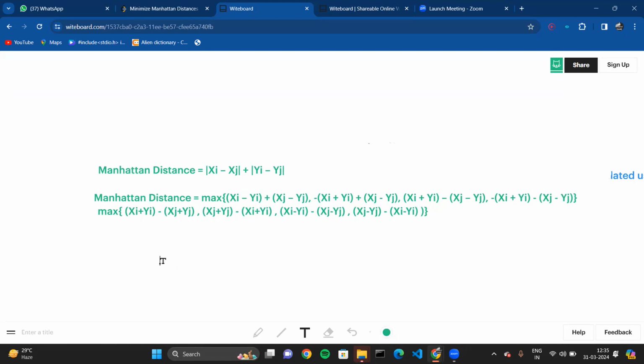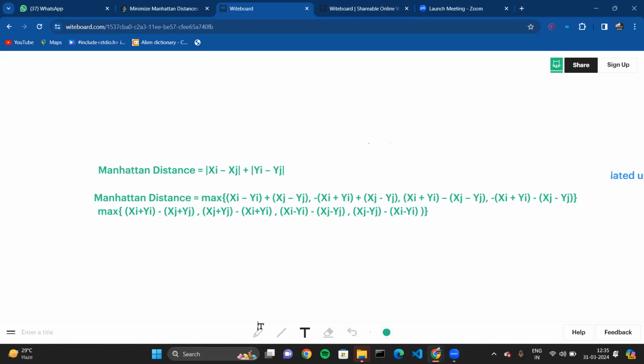If I write it down simply, it becomes xi plus yi minus xj plus yj, or xj plus yj minus xi plus yi, comma xi minus yi, comma xj minus yj, and so on.